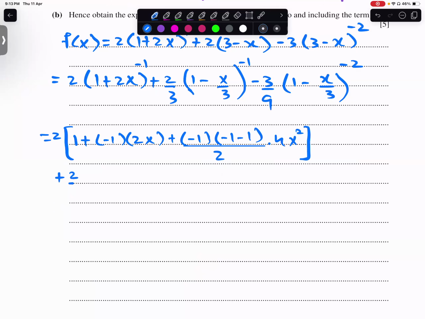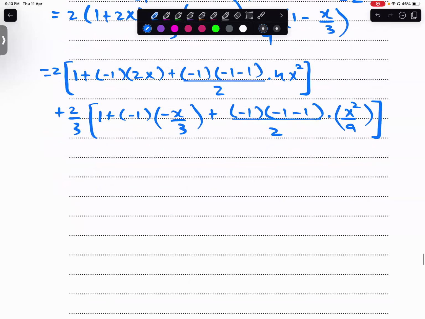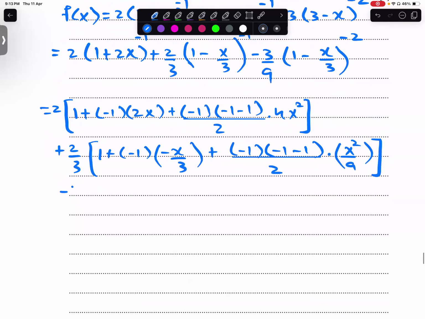Then plus 2 by 3 (1 plus n into x, your x is minus x over 3, plus n into (n minus 1) divided by 2 factorial, which is 2, and then minus x over 3 square, which is x square over 9). Bracket close.